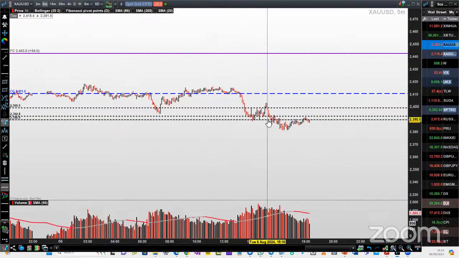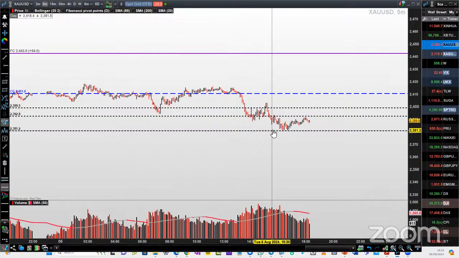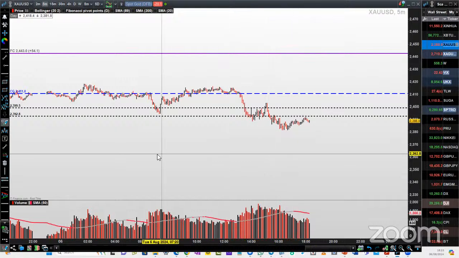This is a good choppy day. Pushed up at 10 past 3, pushed down here at 3:30 UK time. And we're just trying to get back in the range there. So very choppy, very slow, not much going on. Not a lot doing.